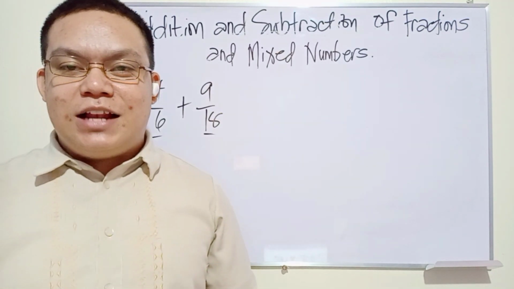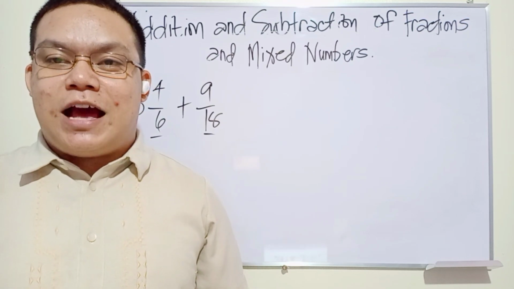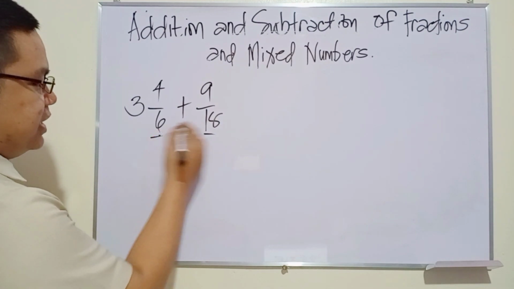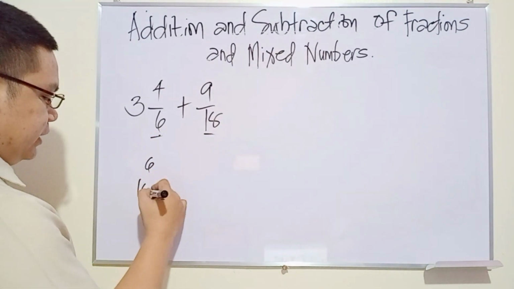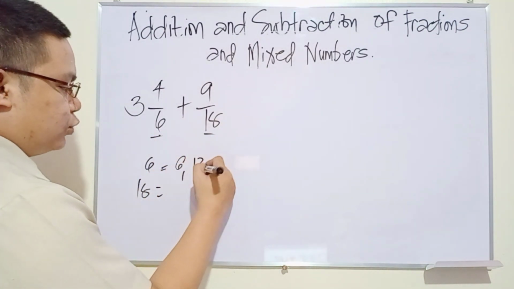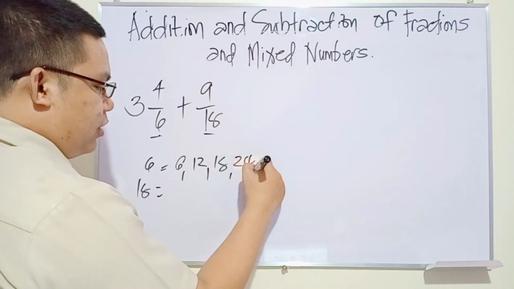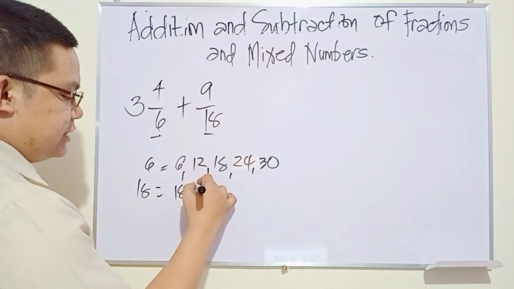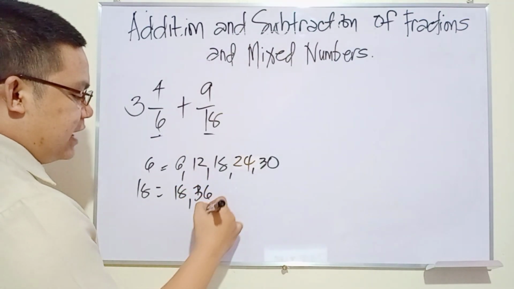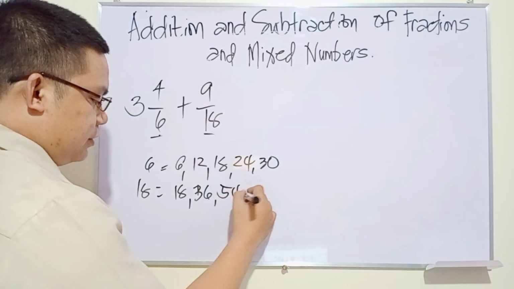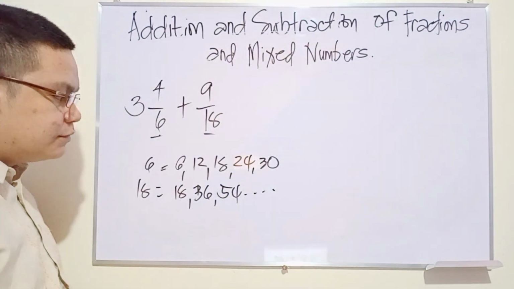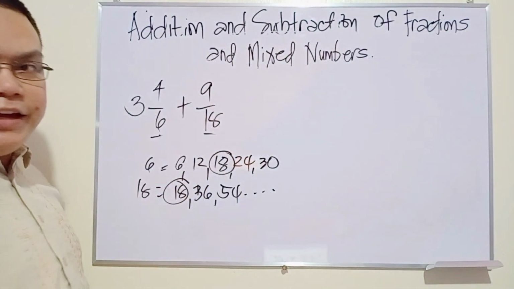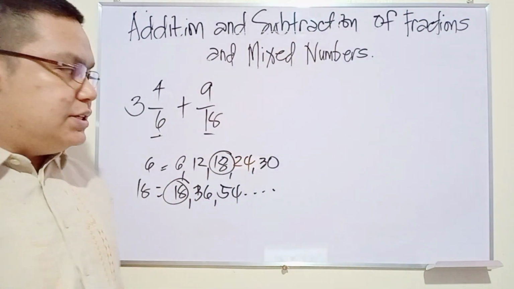And we can obtain the LCD by finding its LCM or the least common multiple. Least common multiple of 6 and 18: 6, 12, 18, 24, 30. 18 plus 18 is equal to 36 plus 18 is equal to 54. So the LCM is 18.